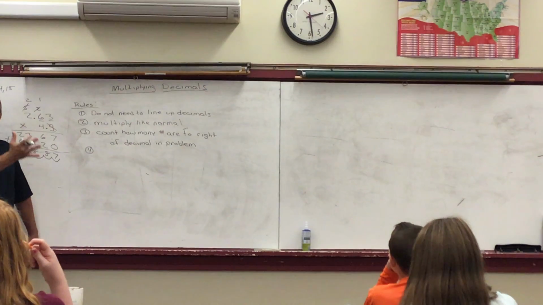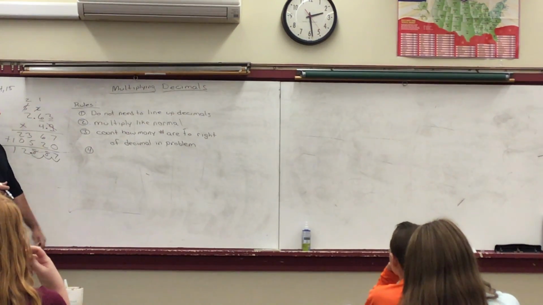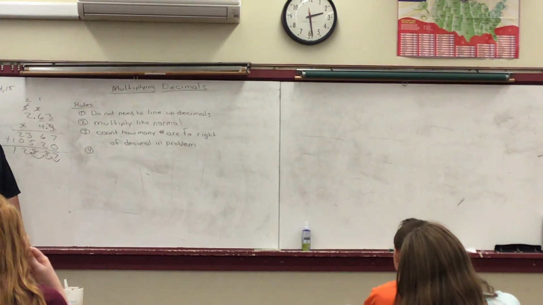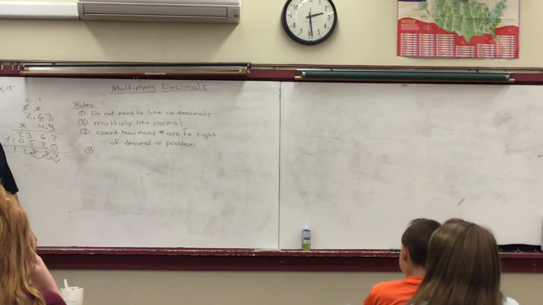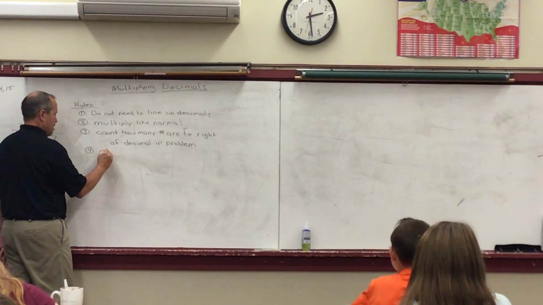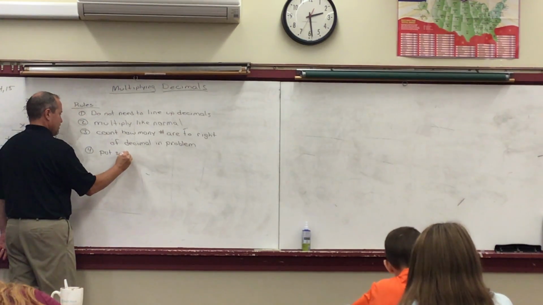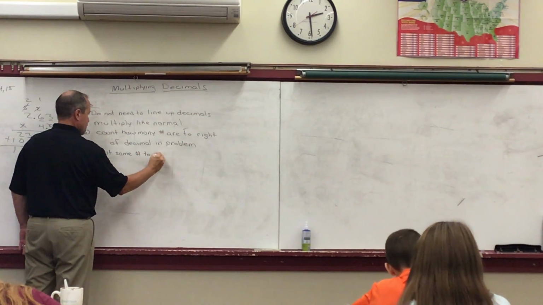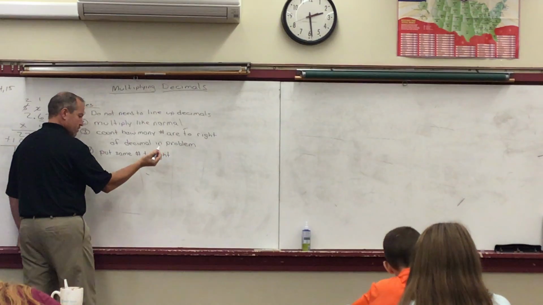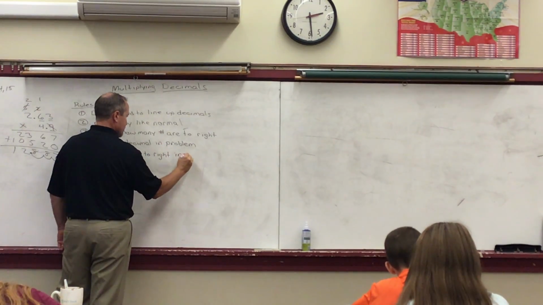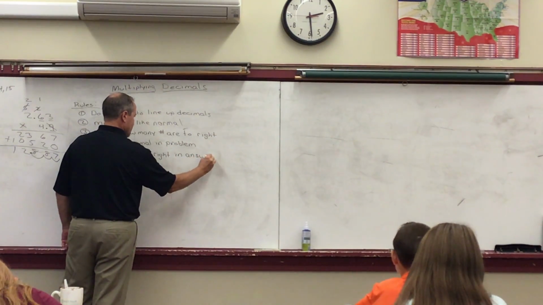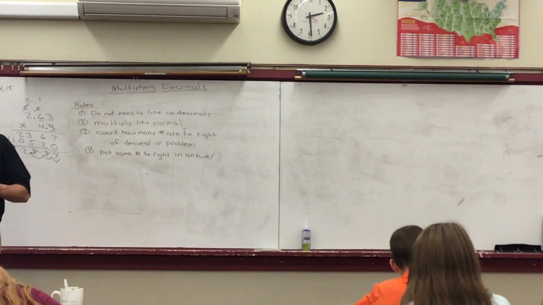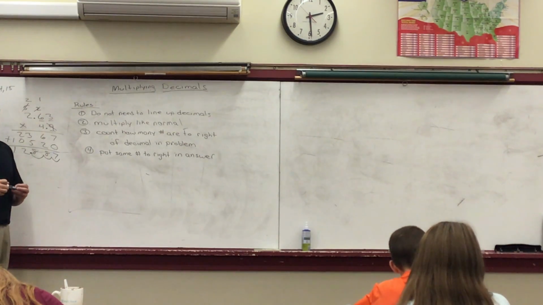Oh, okay, move the decimal one place to the left. Okay? How about we count how many numbers there are to the right of the decimal in our problem and put the same number to the right in our answer. How about that? We're going to see how many numbers there are to the right of the decimal in our problem, and we're going to put the same amount of numbers to the right in our answer.